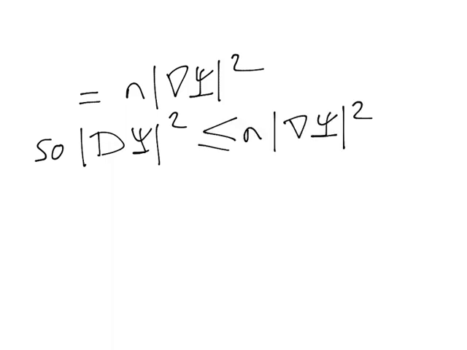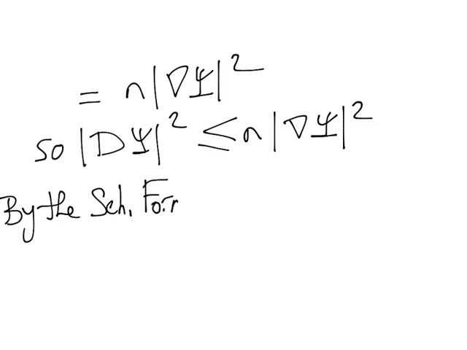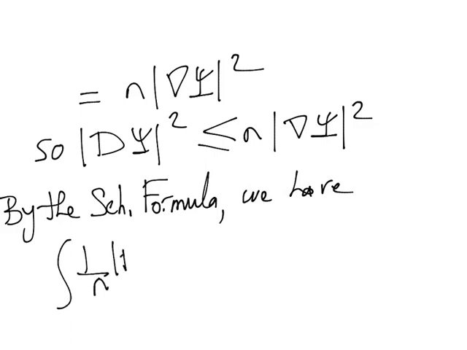So in total, the norm of D psi squared is less than or equal to n times the norm of nabla psi squared. And now let's use again the Schrödinger formula. We have the integral of 1 over n times the norm of D psi squared is less than or equal to the integral of the norm of nabla psi squared.